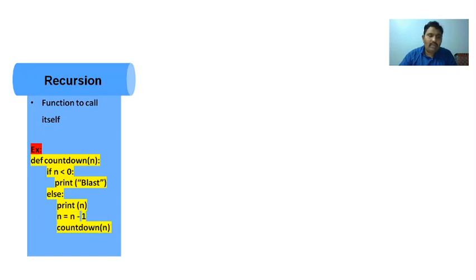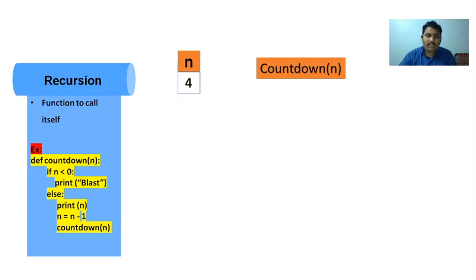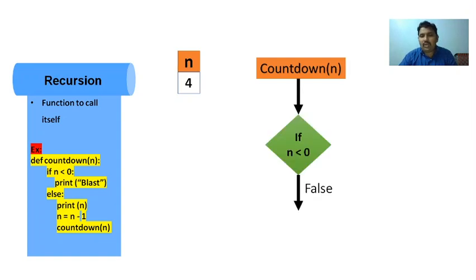After the else, I am decreasing the n value and again calling the countdown function. What happens? My countdown function is called again. Like that the function itself is calling, so that's why it is called recursion. How this program executes with n equal to 4: first the countdown function is called and the condition n less than 0 is verified. The condition is false because the n value is 4.